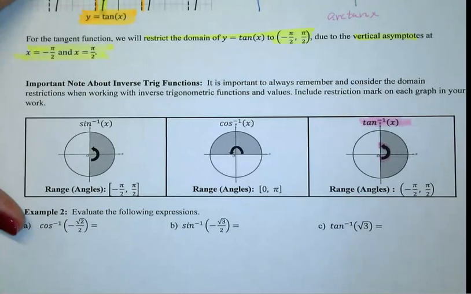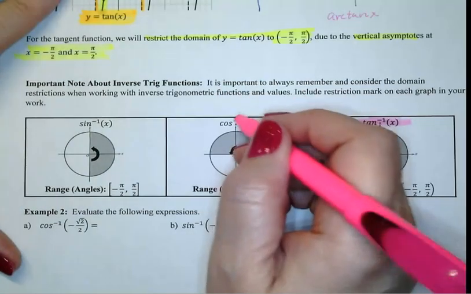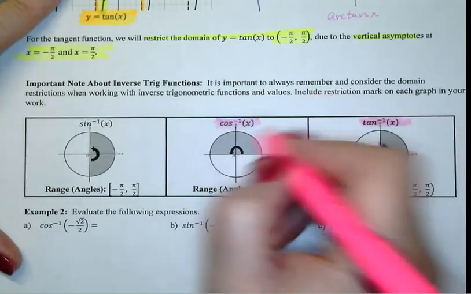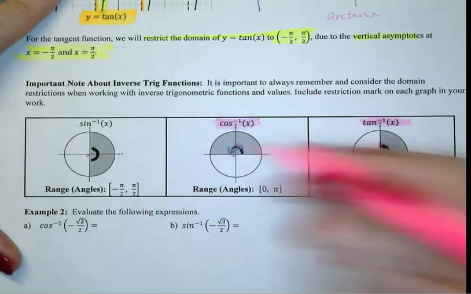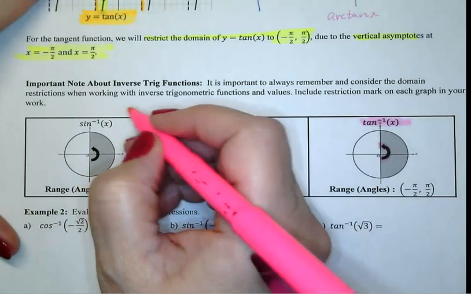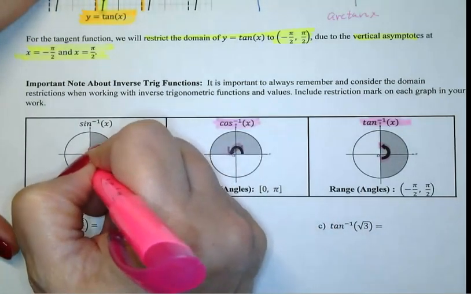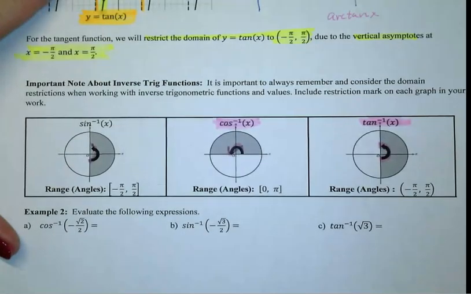The point of the restriction mark is to show that the angle you are actually applying or looking at or drawing is within the restriction. Okay, so then if we're going to look at how those marks look on cosine, we start here, we go around to pi, and again, sine would go from negative pi over 2 to pi over 2. So those are the restriction marks that we're going to look at in these next few problems.